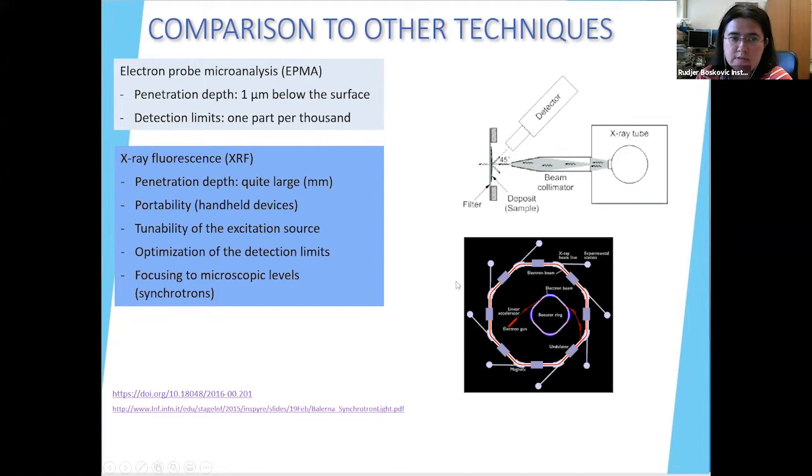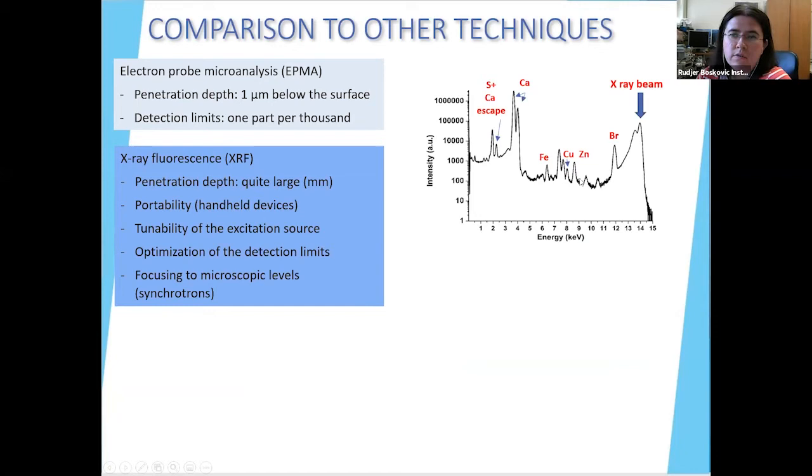And also, if you have synchrotrons, you have the option of tunability of the excitation source. So that means, for example, if you excite with a 14 keV beam, in this case, you will have this sediment sample, which has very high calcium. And here is the signal of sulfur which you want to detect.